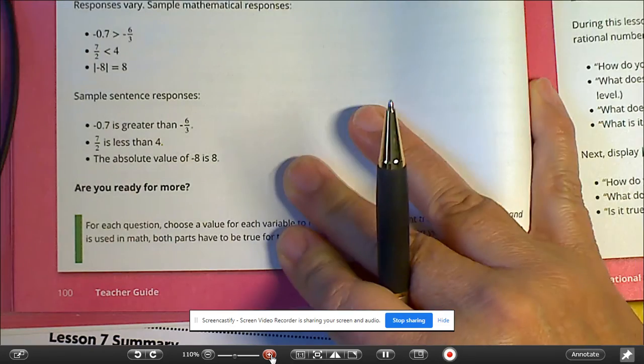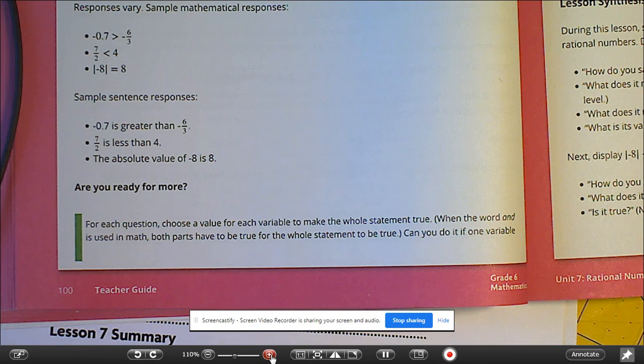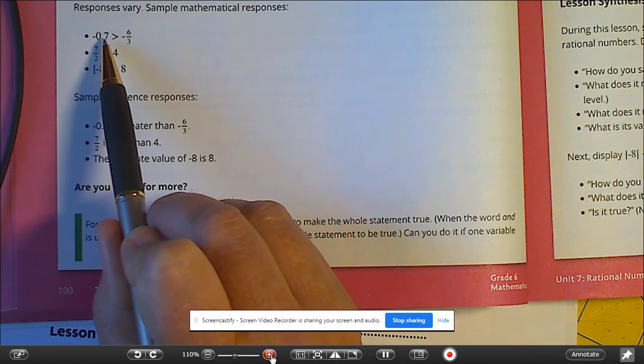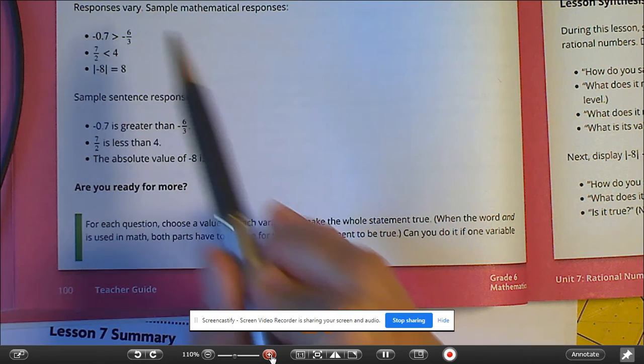Okay, so you paused and did that, right? Okay, so some responses from you guys won't be the same as these, but these are some examples. So negative 0.7 is greater than negative 6/3.